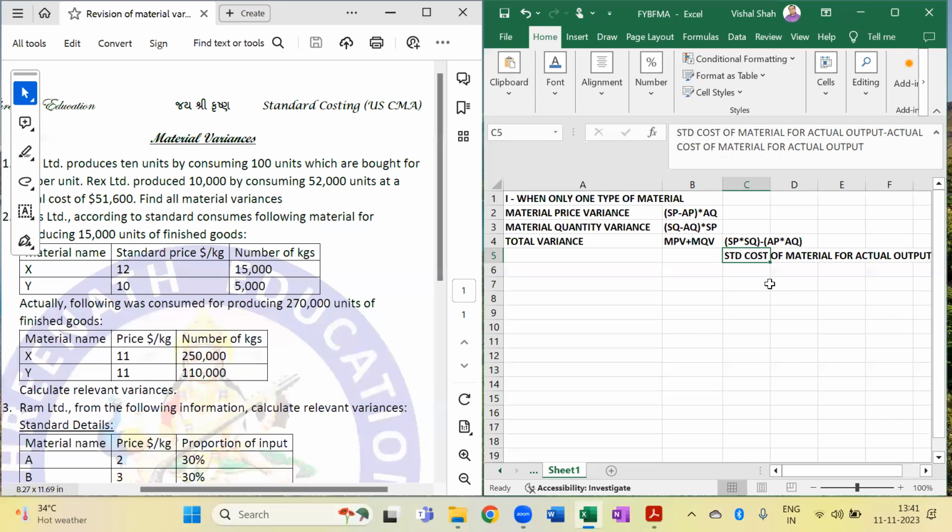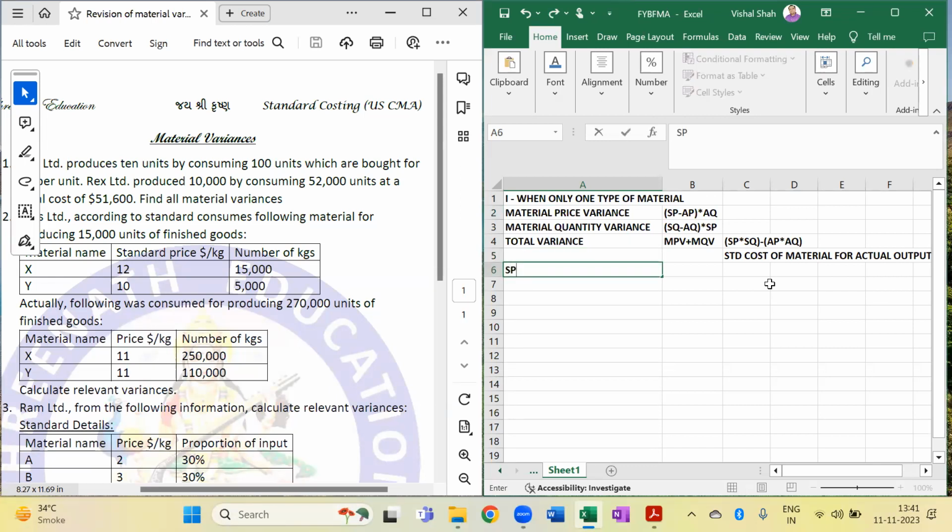So this was the stuff as far as variances are concerned. If I sum up, frankly speaking, I require four things: SP, SQ, AP, AQ.